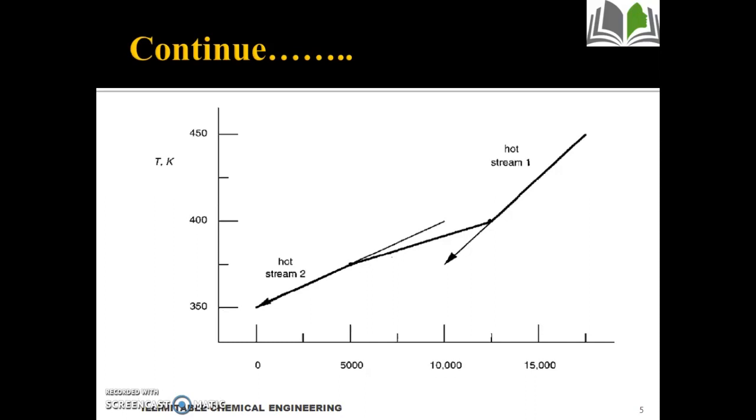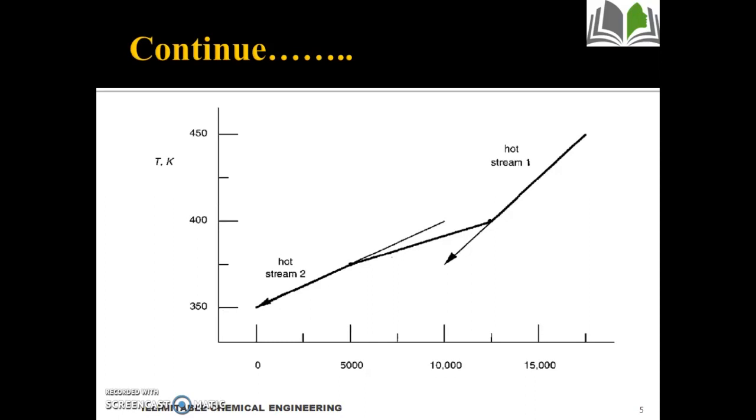The thicker line is then the plot of temperature versus heat flow removed for the combined stream over their entire ranges, that is the T versus delta H diagram. Now it has two kinks in it, at the start and the end of the common temperature range. We can merge this curve with a third hot stream and so forth until we have a composite curve for all the hot streams. It will be a line having several straight segments.